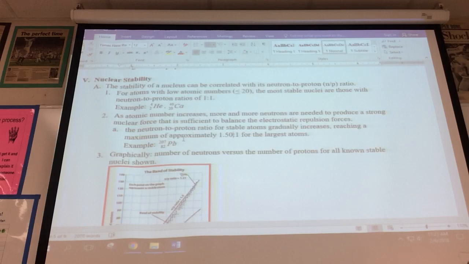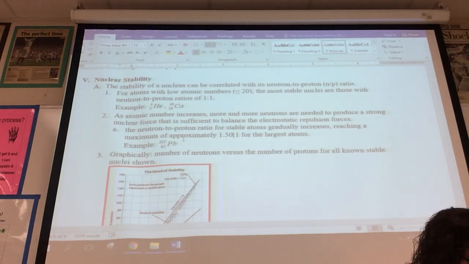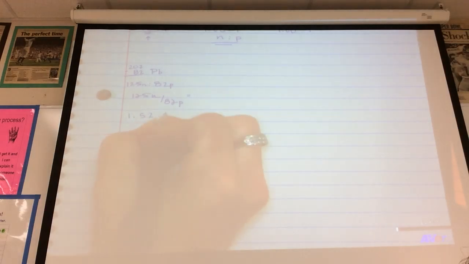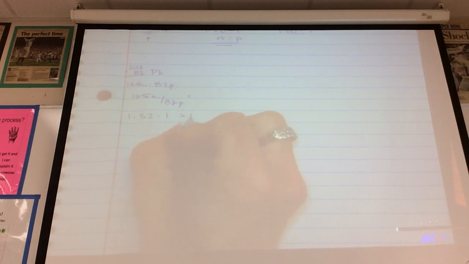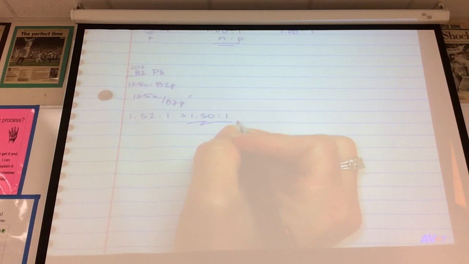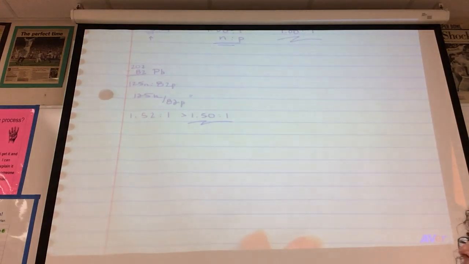That's 125 neutrons. 125 divided by 82, and that's going to give you a neutron to proton ratio of about 1.5. And that is ever so slightly greater than 1.5 to 1. This is as high as you want it to go, and this is as low as you want it to go.